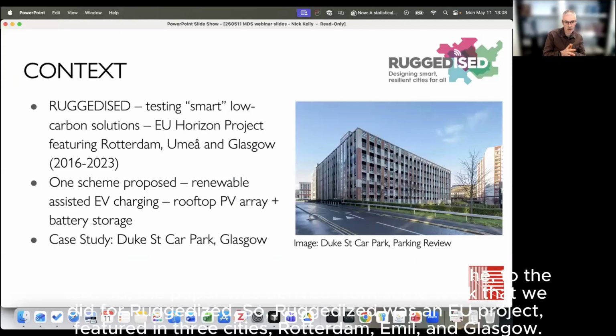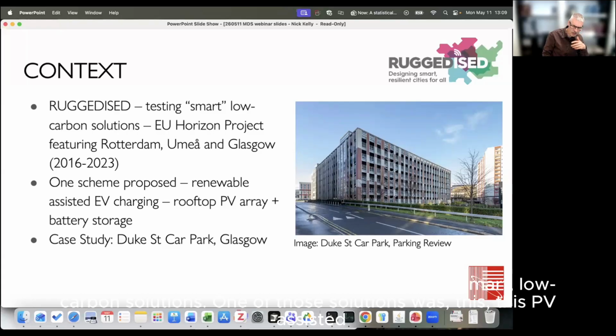So a wee bit of context to the talk. The paper was derived from some work we did for Ruggedized. Ruggedized was an EU project featured in 3 cities, Rotterdam, Umeå, and Glasgow. The whole idea was to test smart low carbon solutions.